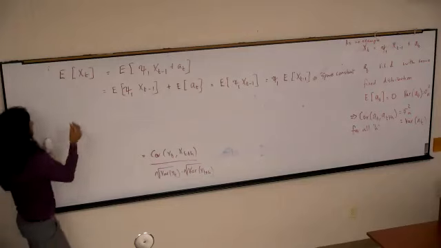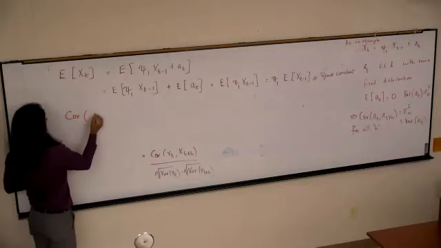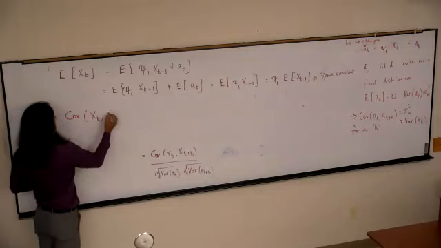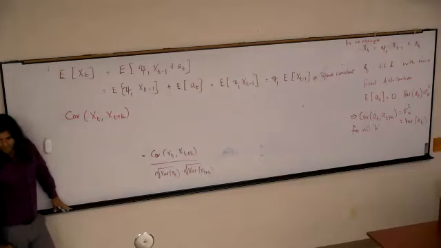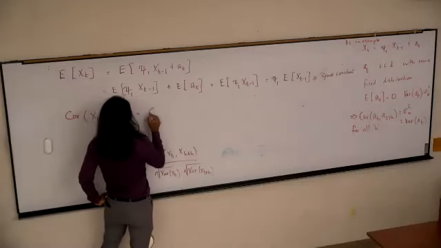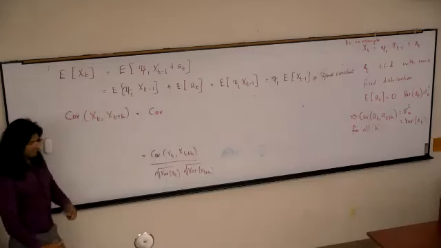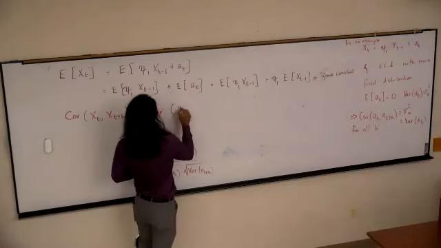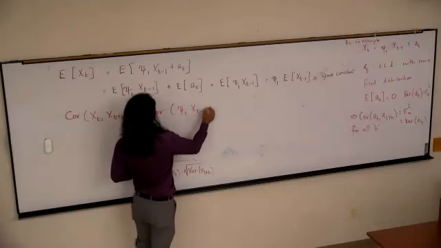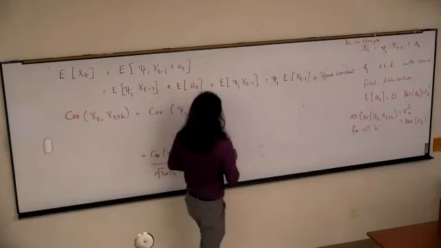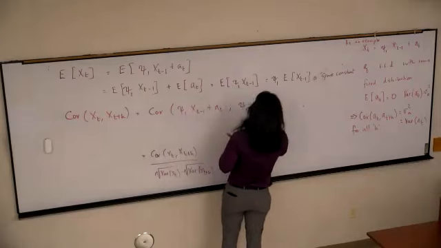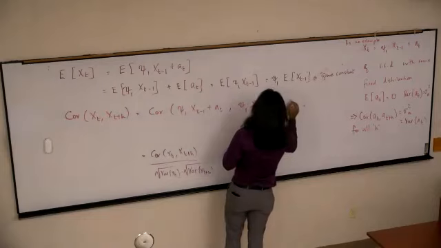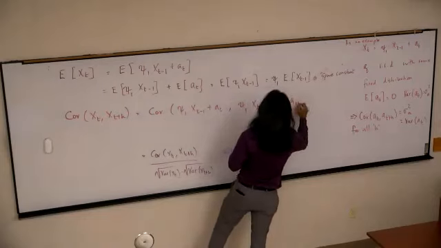Extend the same idea. Going to go for the covariance of x_t, comma, x_(t+h). Good. Covariance of psi_1 x_(t-1) plus a_t, and psi_1 x_(t-1+h) plus a_(t+h).